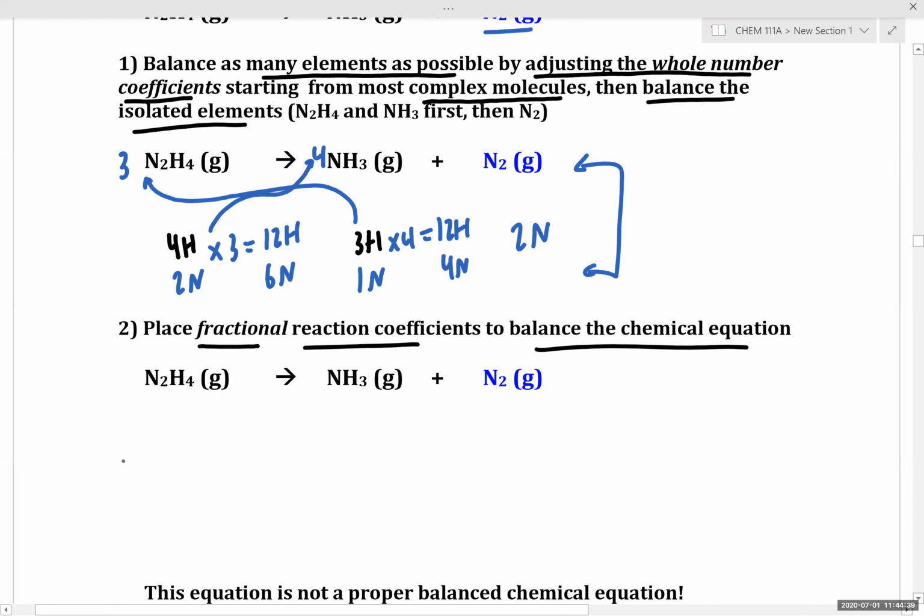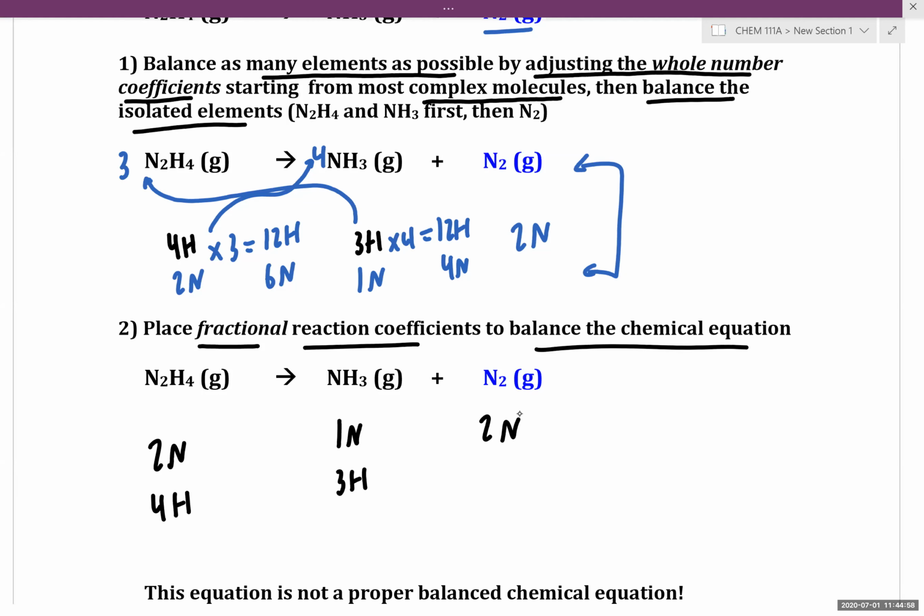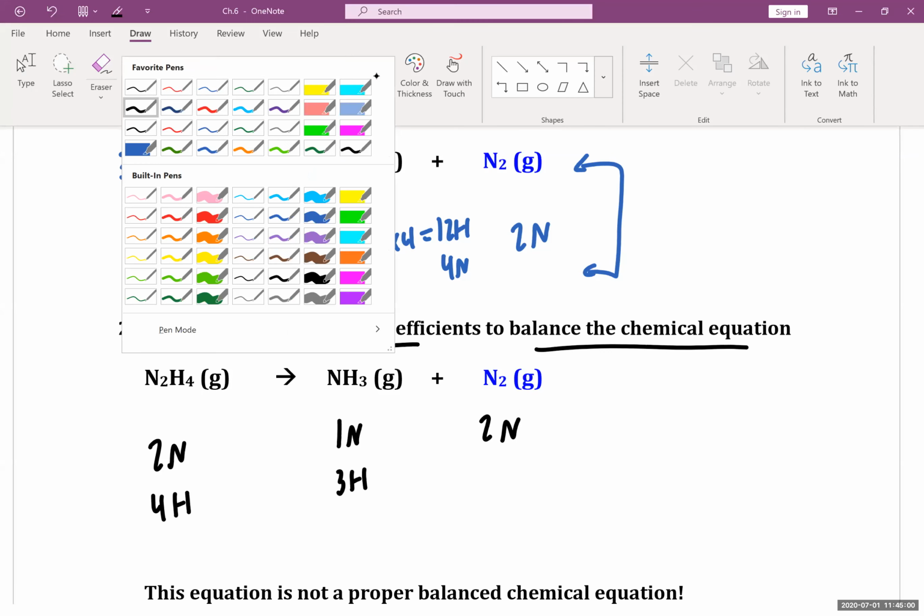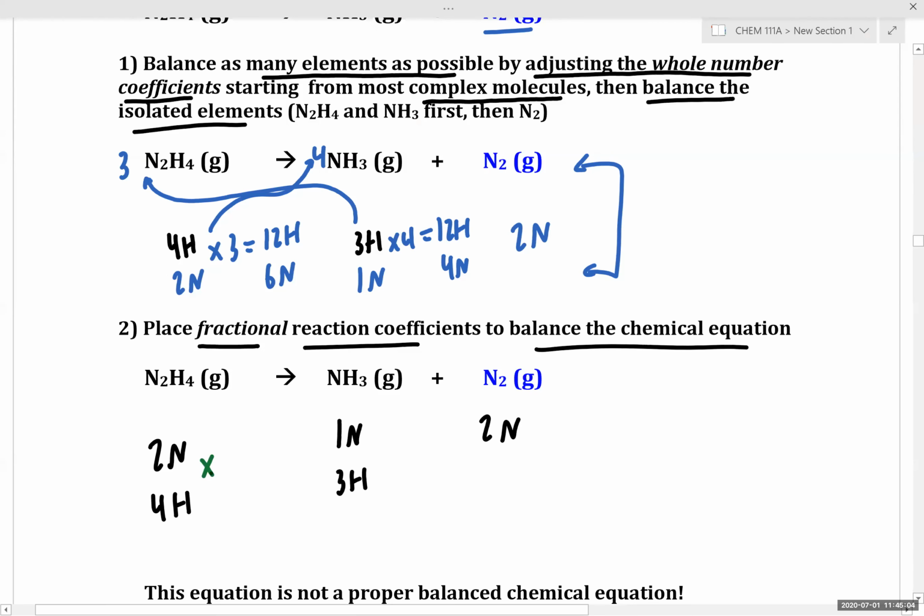So for example, if we have 2 nitrogens and 4 hydrogens on the left, and we have 1 nitrogen and 3 hydrogens and 2 nitrogens on the right, instead of being constrained with this idea that we have to have whole number coefficients, what we can do is guess a fraction.